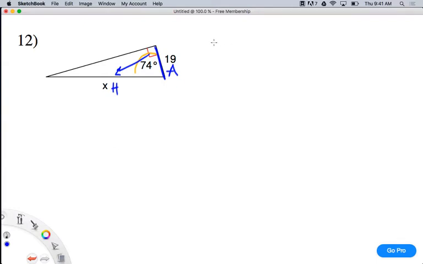Since it's adjacent, I use cosine. Cosine of 74 degrees equals adjacent, which is 19, over the hypotenuse, which is x. What's different about this one than the rest of them? I've got x on the bottom, so I have to multiply both sides by x first.